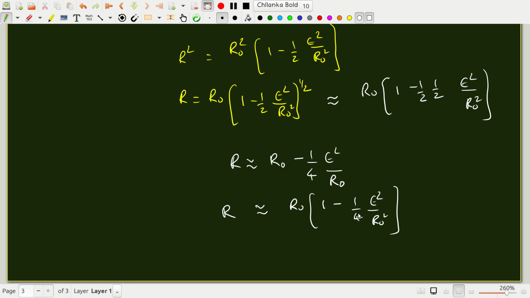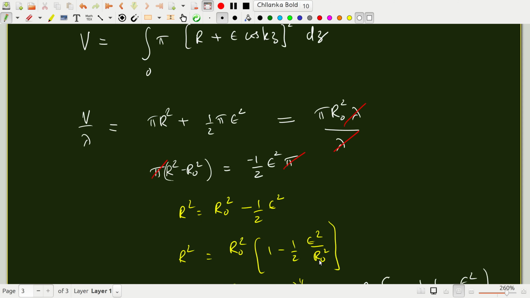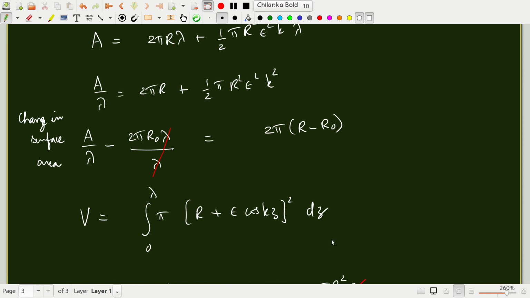Therefore, from here I can find that r minus r naught is nothing but minus 1 by 4 epsilon squared by r naught. I'm going to substitute this out here. I need r minus r naught.